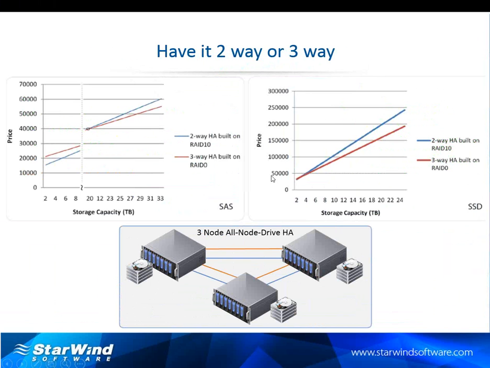And you can also have your high availability two-way or three-way. StarWind now also offers a 3-node highly available cluster. So you can build a 3-node cluster from any industry standard SAN, and a big pro is that you can use RAID 0 in this configuration.